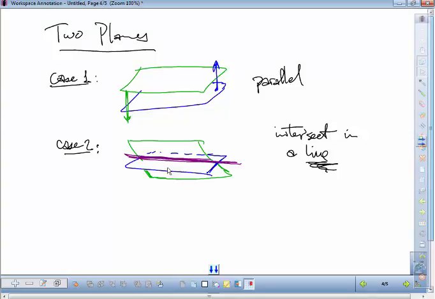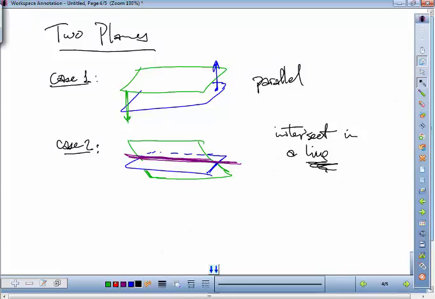The planes have normal vectors, remember. I'm just going to draw a couple of normal vectors in this drawing. Maybe one that looks like this, perpendicular to that. And then the other one is coming out this way.